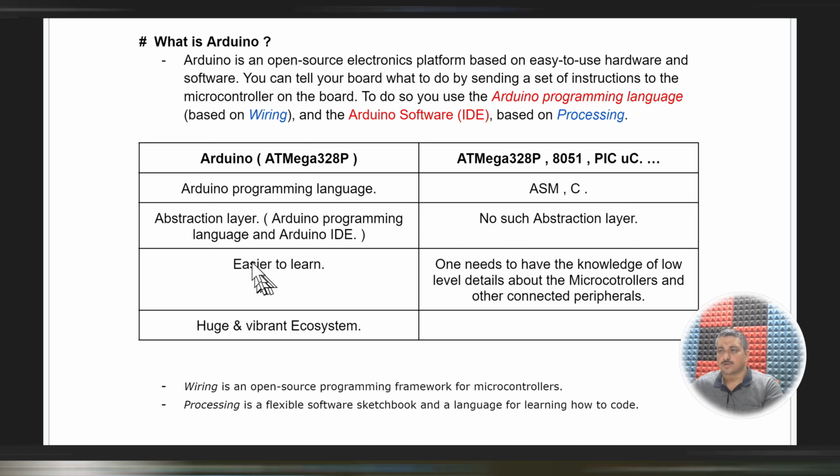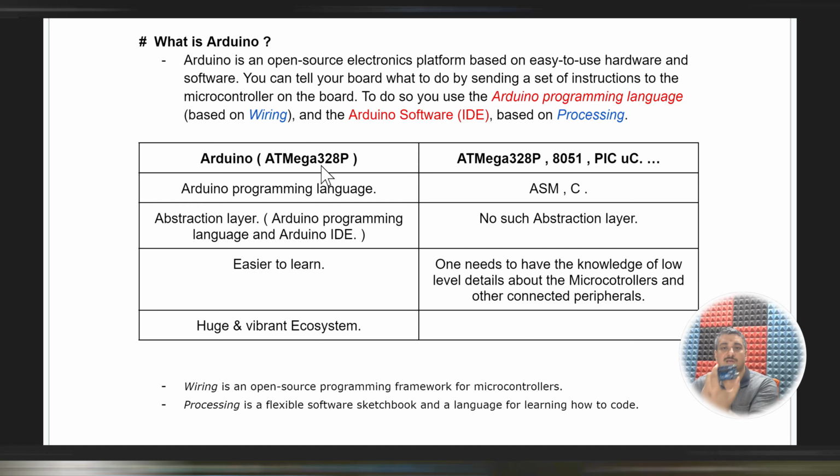You can see Arduino internally uses this Atmega 328P processor, but still why do we call it Arduino? It is mainly because Arduino people have done a lot of things on top of this Atmega 328P processor.